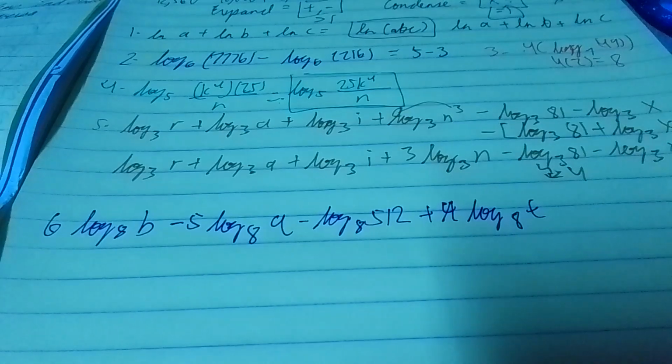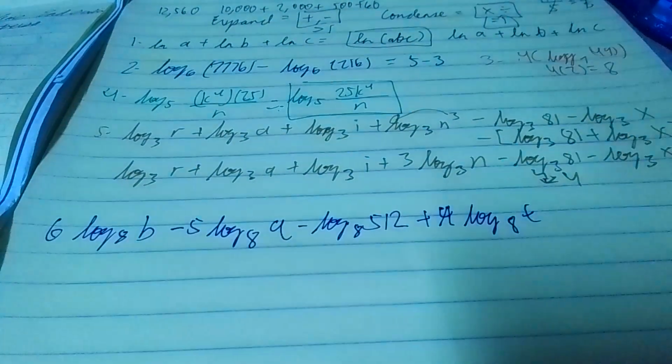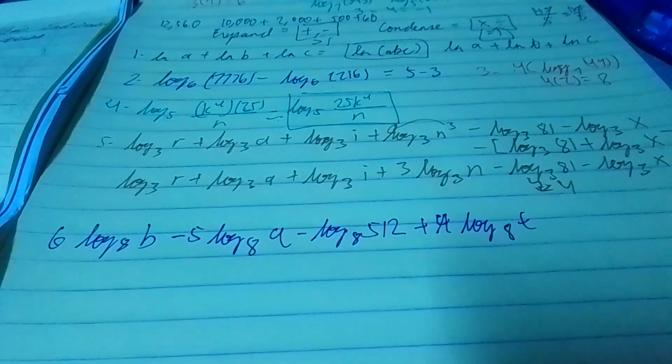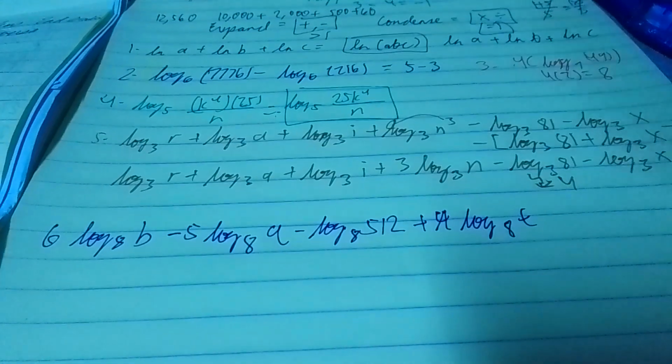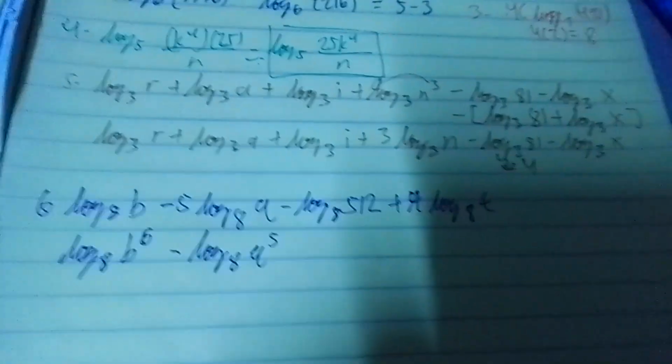So therefore, remember, negative times negative, same signs, alike, so that becomes positive. So it's plus 4 times log base 8 of t. Got it? Now it's already written in simplified form. And it's much cleaner that way.